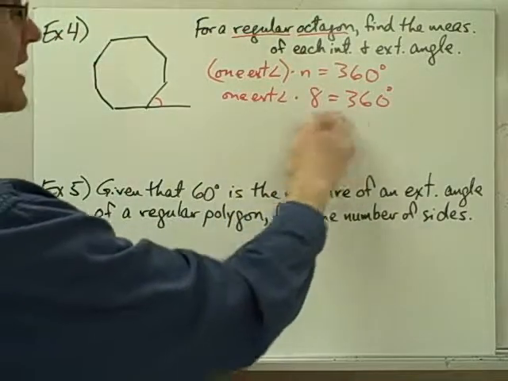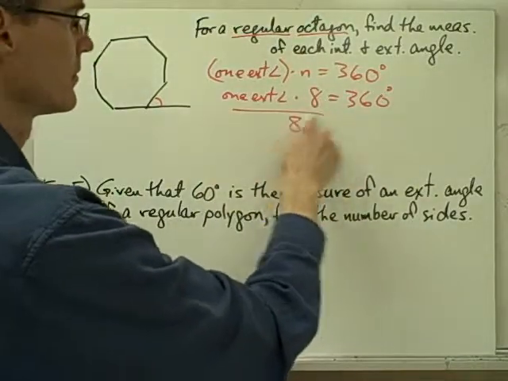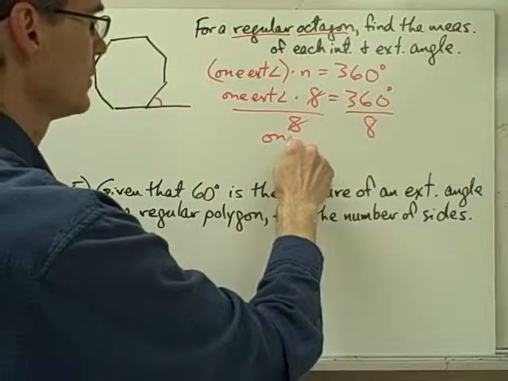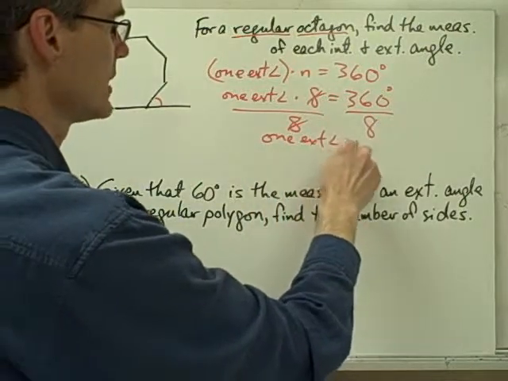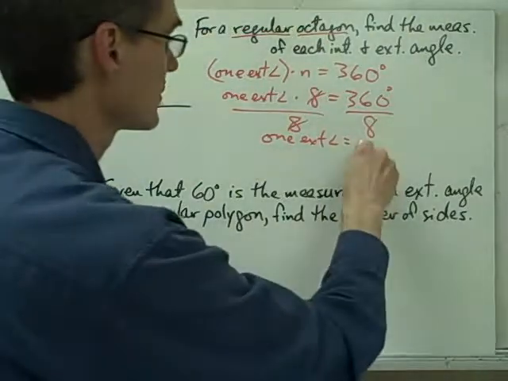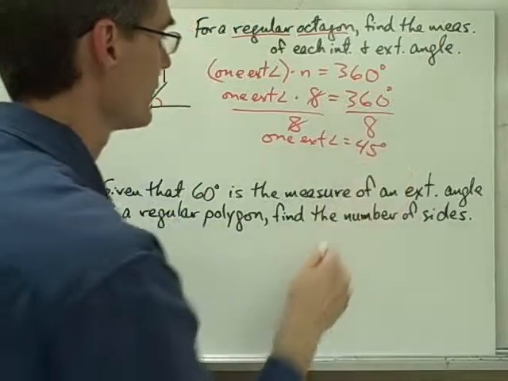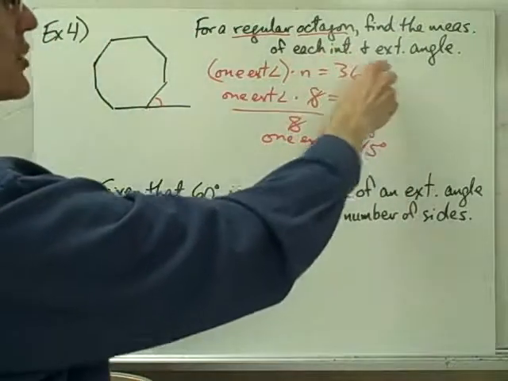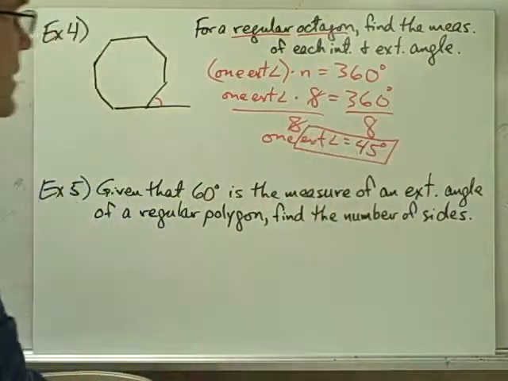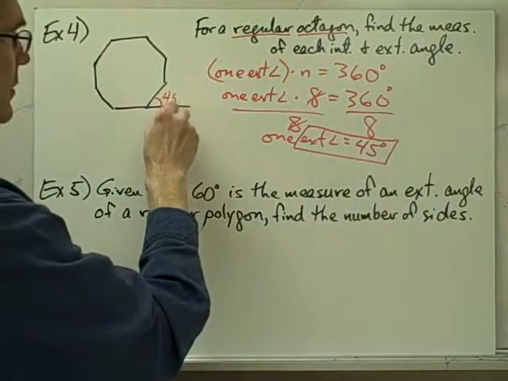Well, if I divide both sides of my equation by 8, then I've got one exterior angle equals 360 divided by 8, and 360 divided by 8 is 45 degrees. So I just found the measure of an exterior angle of my octagon. That's this angle right here.